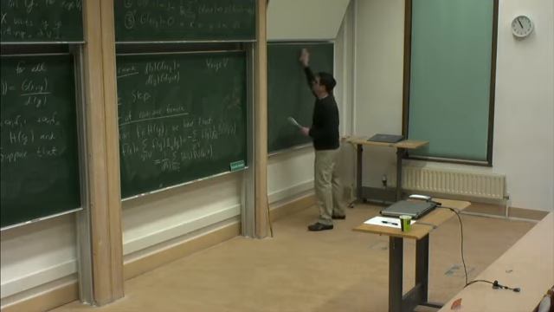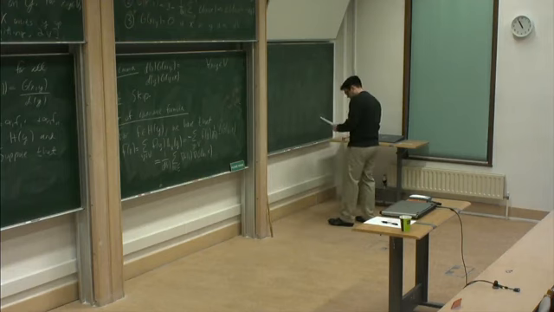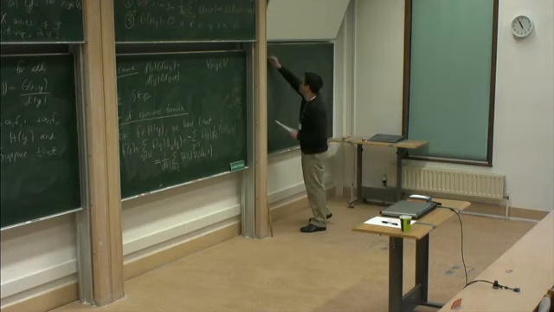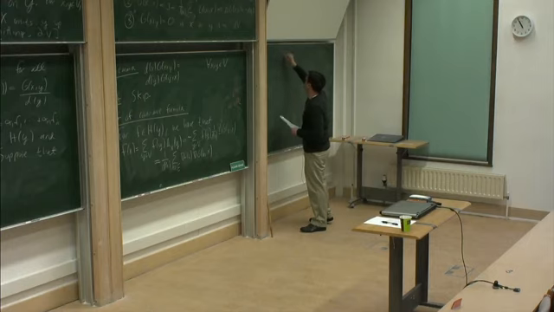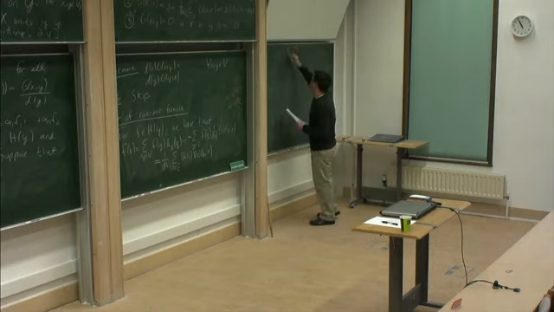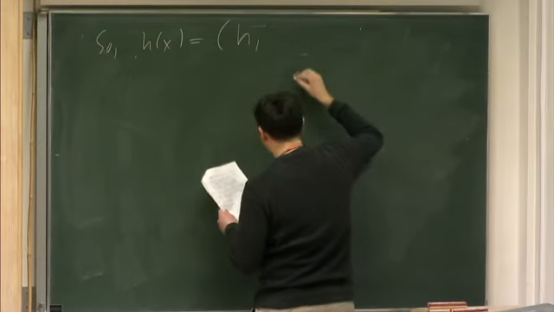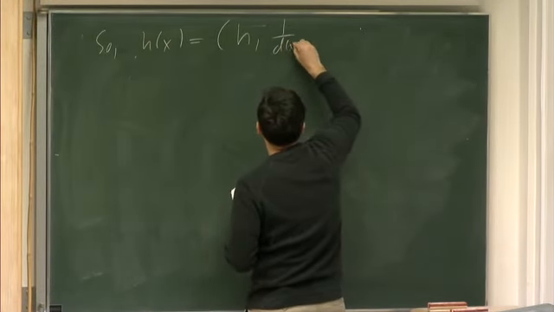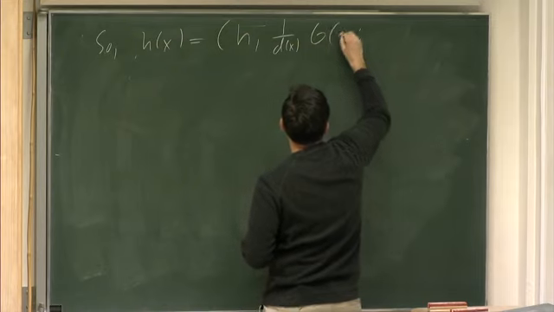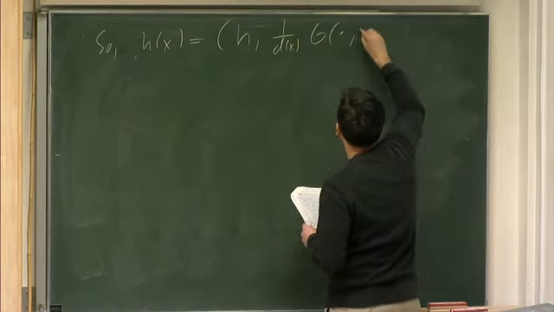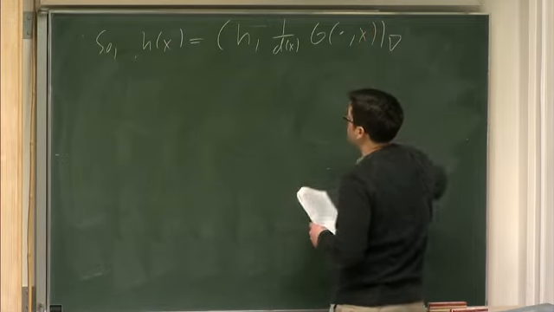So here's a shorter way of saying it. We can write h of x as the inner product of h with 1 over d of x and g, thought of as a function in its first variable with the second variable fixed as x.